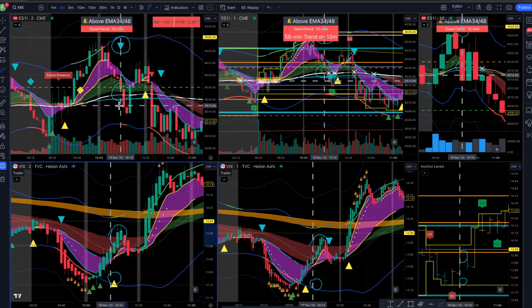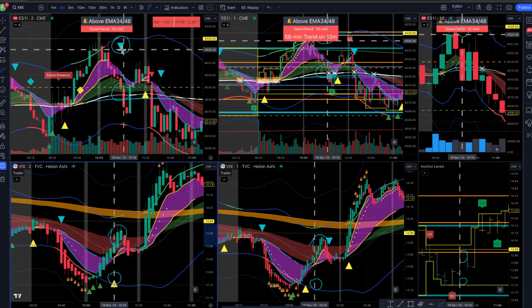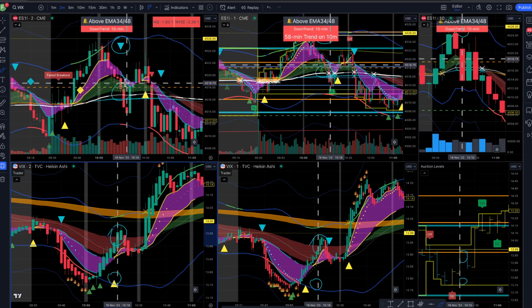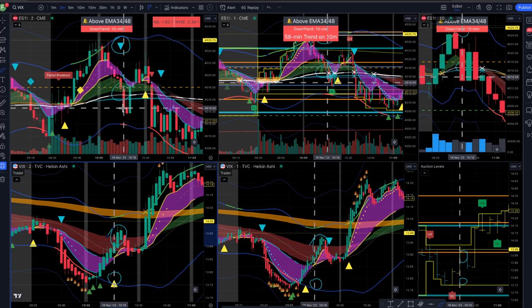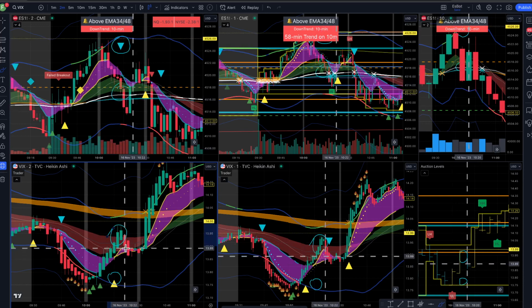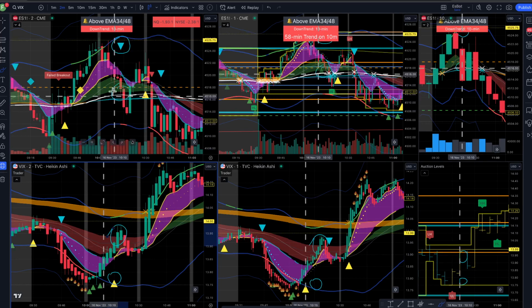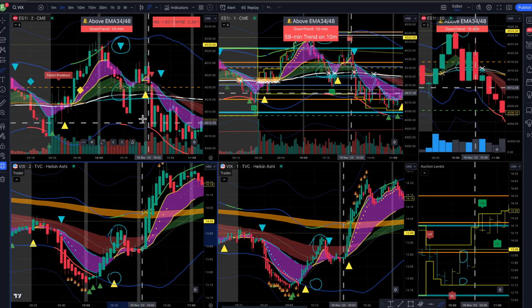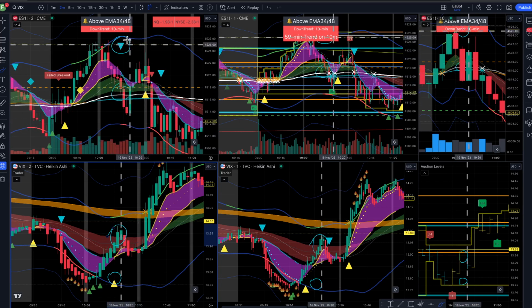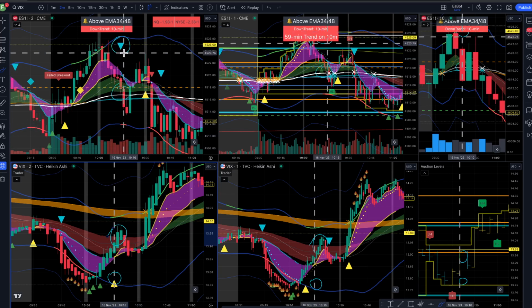So we get a blue triangle, we see the danger zone forming, but we also know that this is not a smart place to get involved, because now they're both on the same side of the 48. Plus we don't have a pullback retest confirmation. So can you guys see why this was not a good trade today to take?